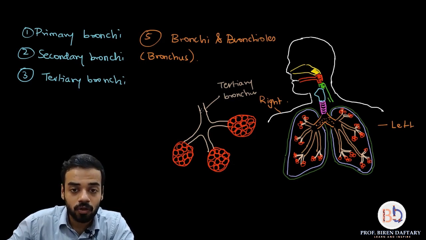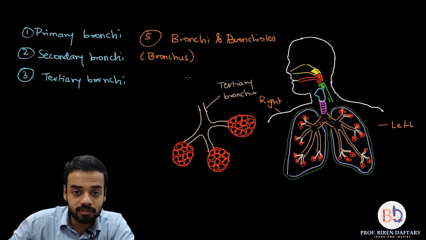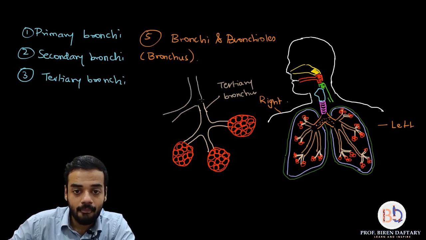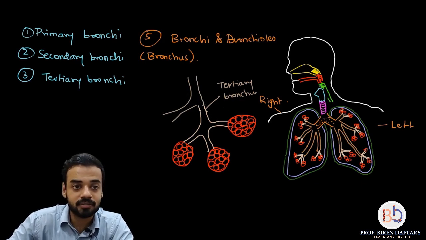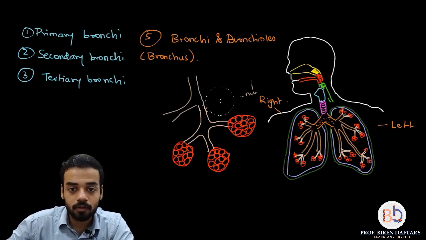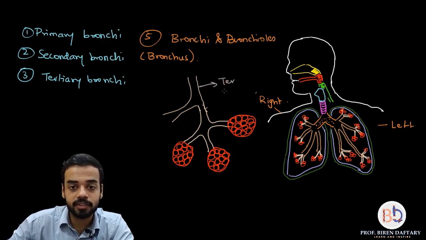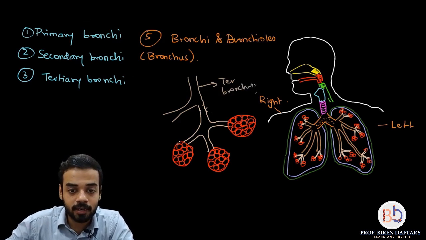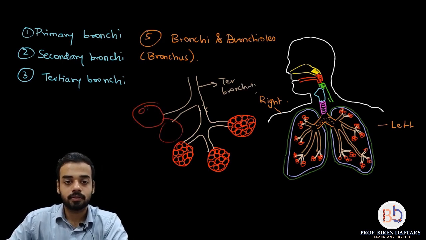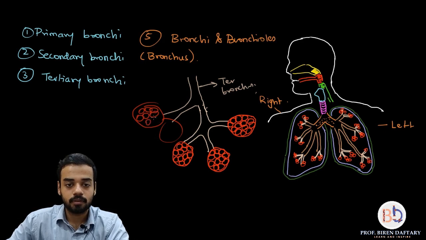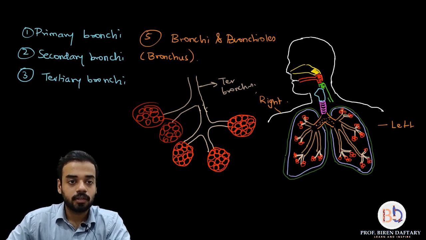So each tertiary bronchus gets divided into bronchioles. If you want to draw, I can show it like this. This is the original tertiary bronchus, and this is the division. So I should label it like this. This is the tertiary bronchus, and there are divisions happening, and the divisions are these.